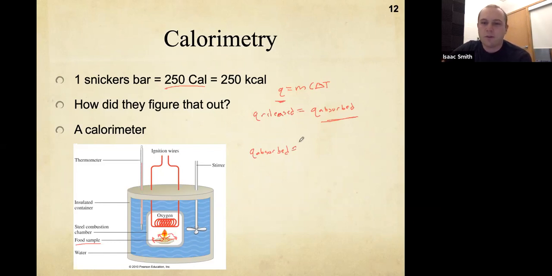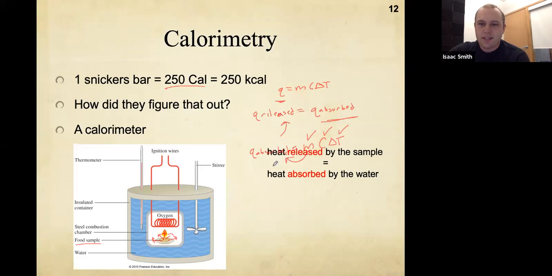You know what the volume of this is, so that's a check mark. Specific heat of water is 1 calorie per gram degree Celsius. We already know that. And then the delta T: we can measure the temperature of the water before the Snickers bar is burnt and after it's burnt. Since we know the final and the initial temperature of the water, we can figure out delta T. You can use those to calculate the amount of energy absorbed by the water, which is equal to the amount of energy released by the Snickers bar, and you then have the amount of energy in a Snickers bar. So that's the process.